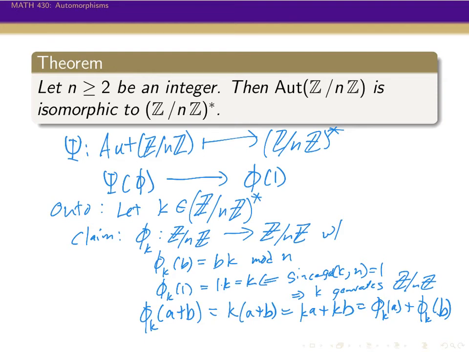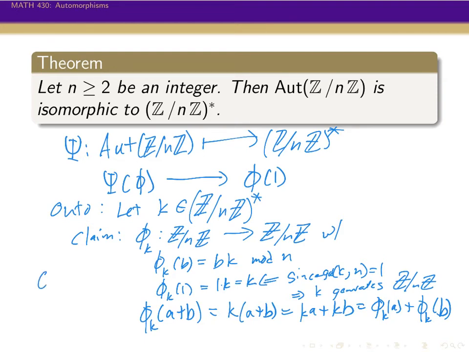So phi sub k is an isomorphism, and phi sub k of 1, as we just saw before, sends it to k. And so I found an automorphism that psi will send to k.